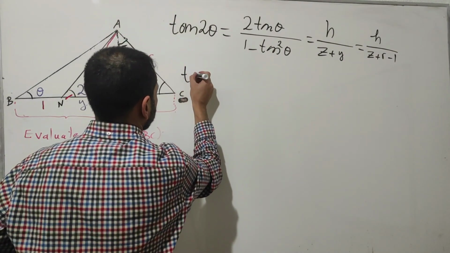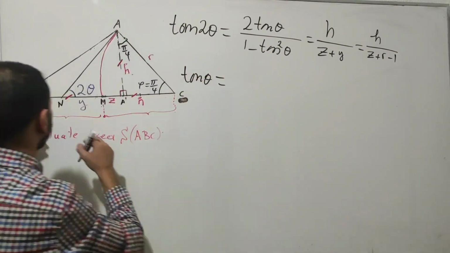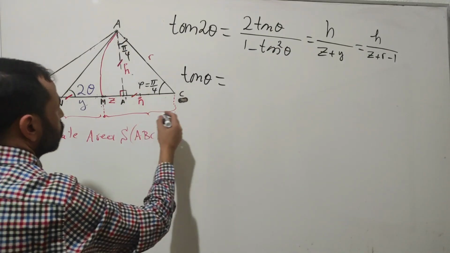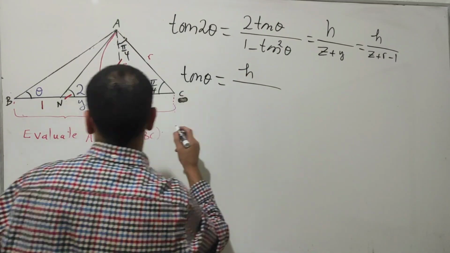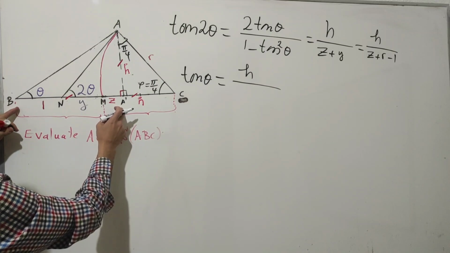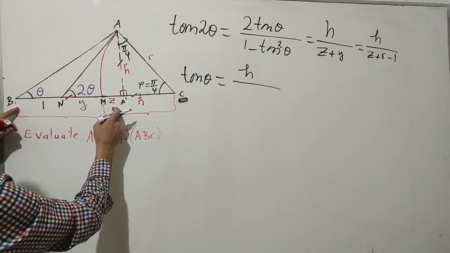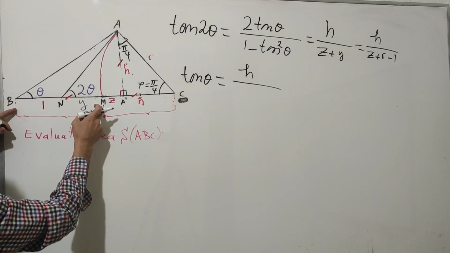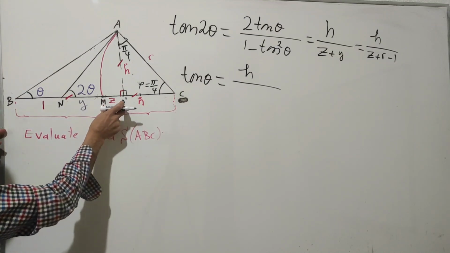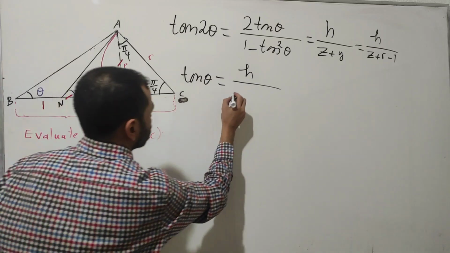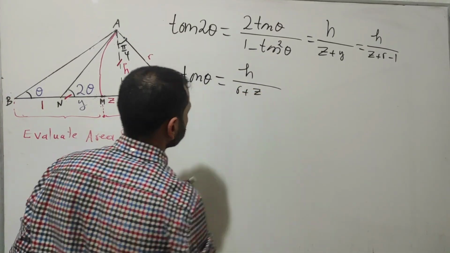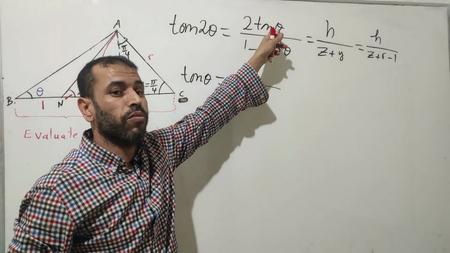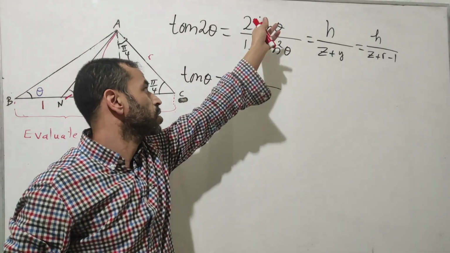Let's calculate tangent of theta. Tangent of theta, which is this one, we have E prime B as a right triangle, which means I will have also h all over this distance. This distance is going to be obviously R, which is the radius of this circle, plus this small distance, which is Z. So I get R plus Z. Now since we get tangent theta and the above formula, I'm going to insert it back into there.